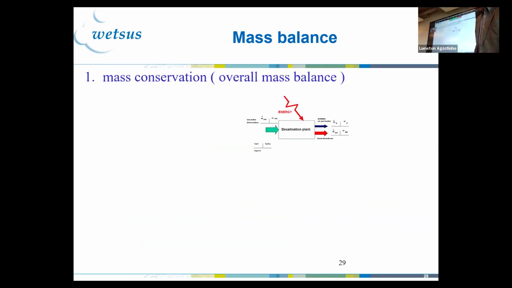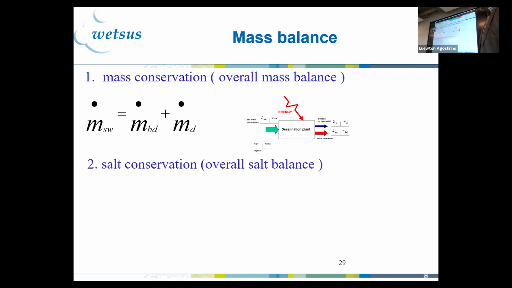So normally it's a mass conservation. The mass or the flow, if you consider the same time, that enters the system, so your mass of seawater, is the same as the mass added from your brine and from your distillate. It should close, as the leakages and accumulations in such processes are very small.